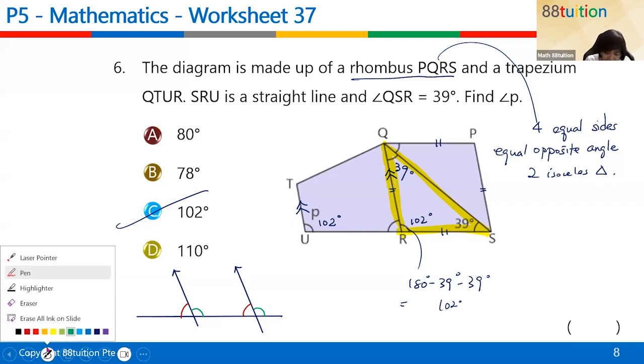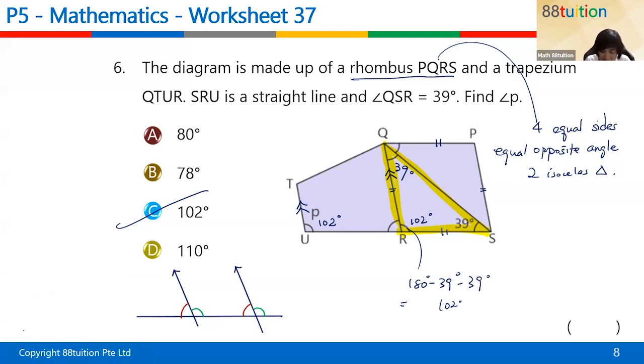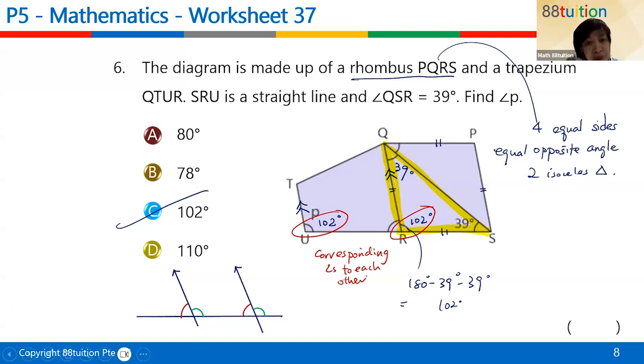Correct. So now I am using red to circle. Since this is 102, here must also be 102 because they are so-called corresponding angles to each other. Okay, so they must be the same.